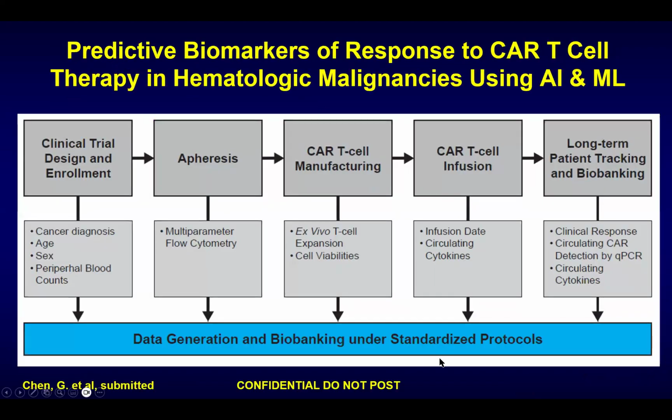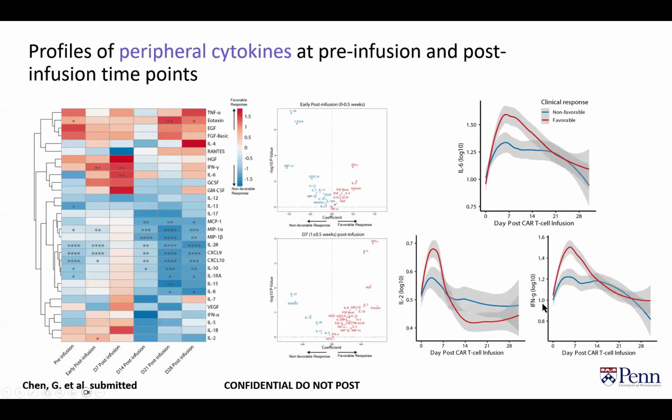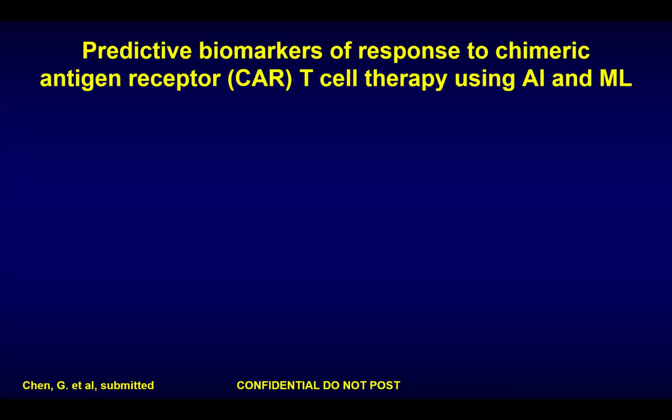I'll just also say really quickly that we're looking at what does predict response, and we're looking at everything from the characteristics of the patients, of the apheresis, elements during the manufacturing, the infused product and long-term product to use artificial intelligence and machine learning to tease out those factors like early cytokine response that may predict a response.